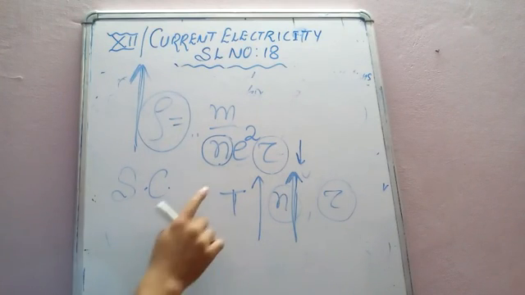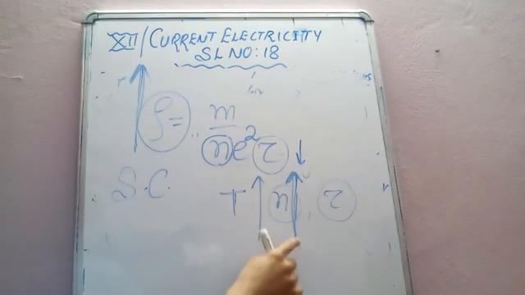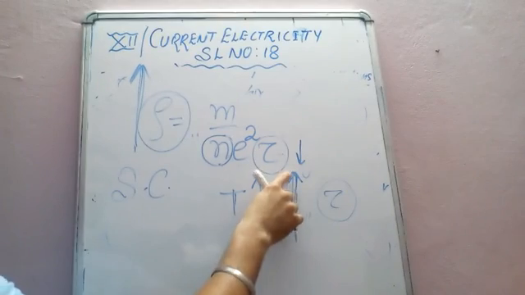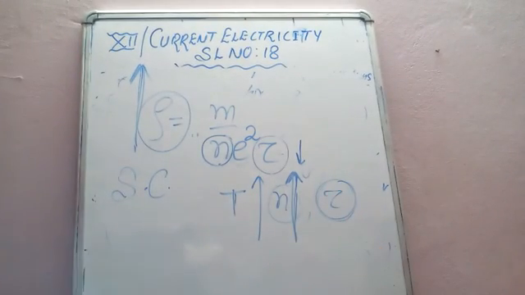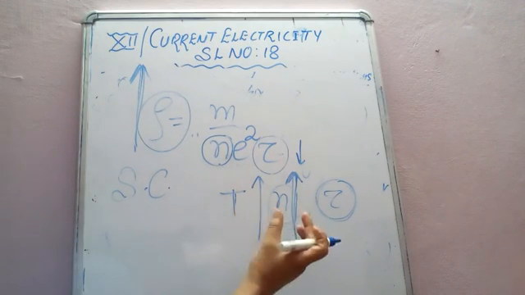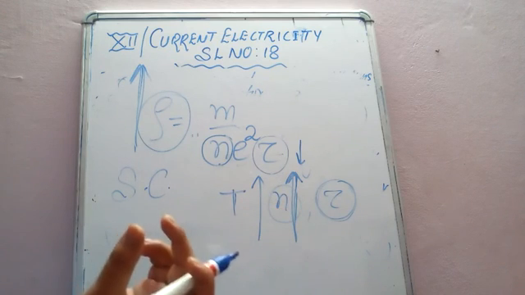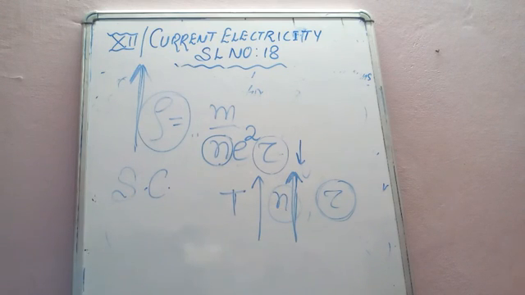Similarly, with temperature increasing, what happens to tau? Tau starts decreasing because temperature is increasing. Then the relaxation time decreases, that is, the collisions become very fast.